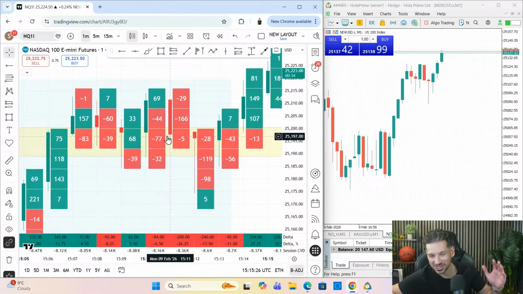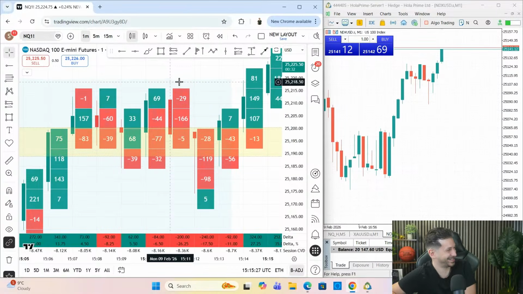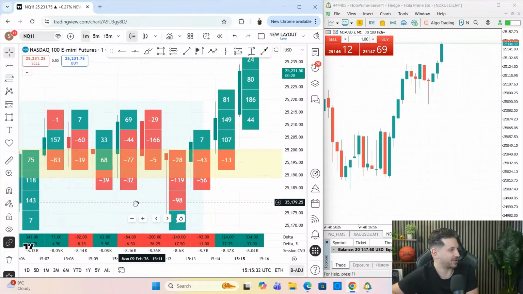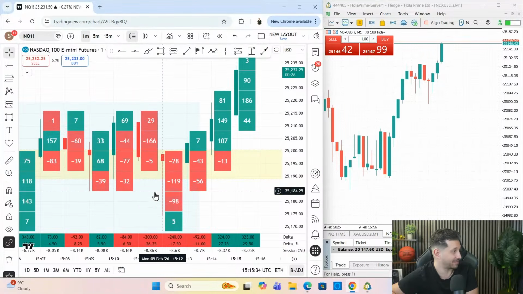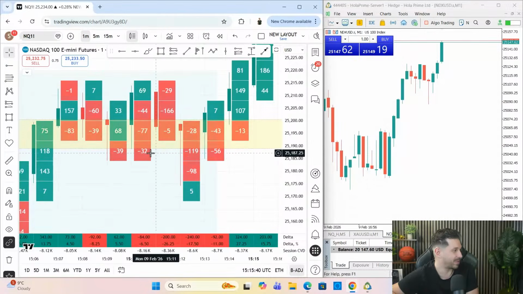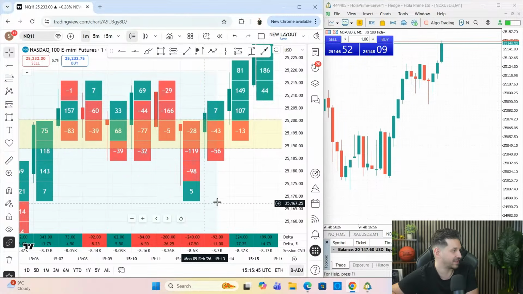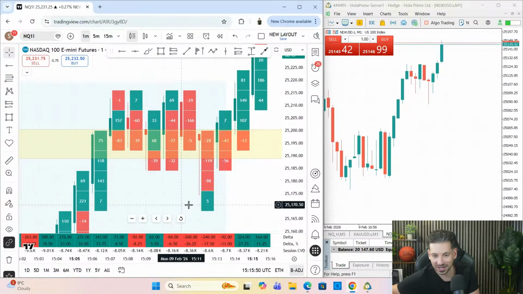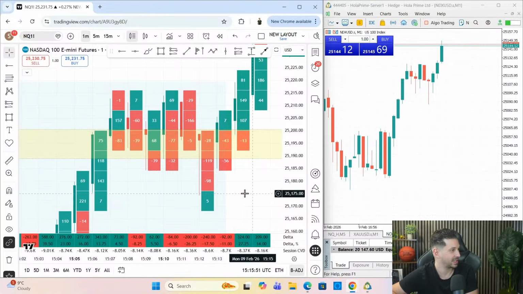That was a terrible joke, but yeah, the volume was a bit crap on it. But in terms of volume distribution, yeah. I think if you played by the rules, you would have got stopped out on that one because it did take out the low of the candle. But nonetheless, I would say ultimately it kind of hits the mark.